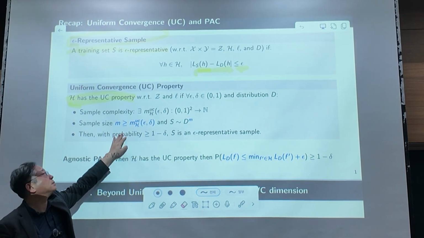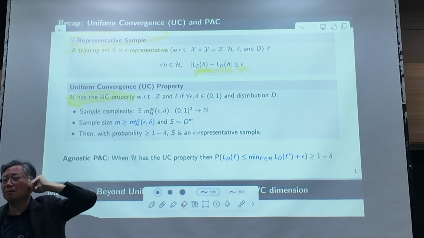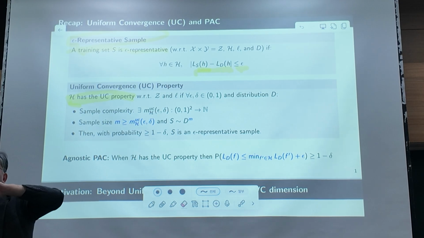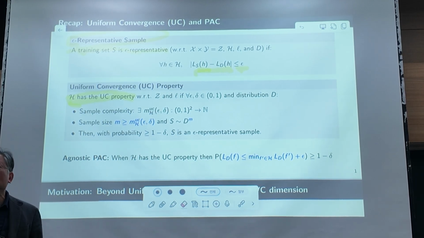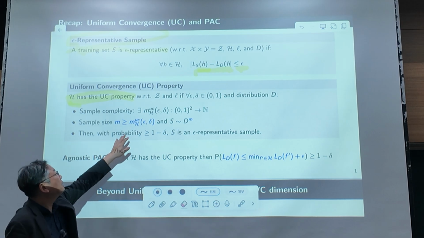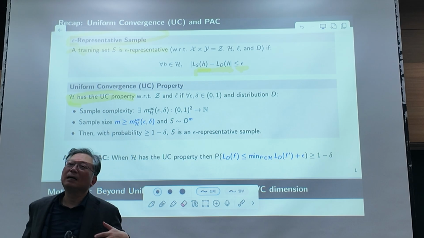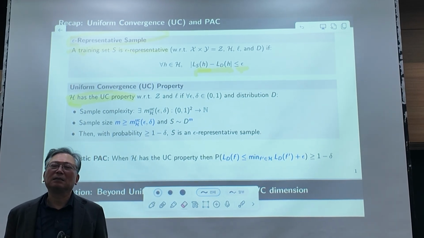The samples had to be greater than the sample complexity, one value. I'm going to relax these conditions and find some sample complexity that is hypothesis dependent.